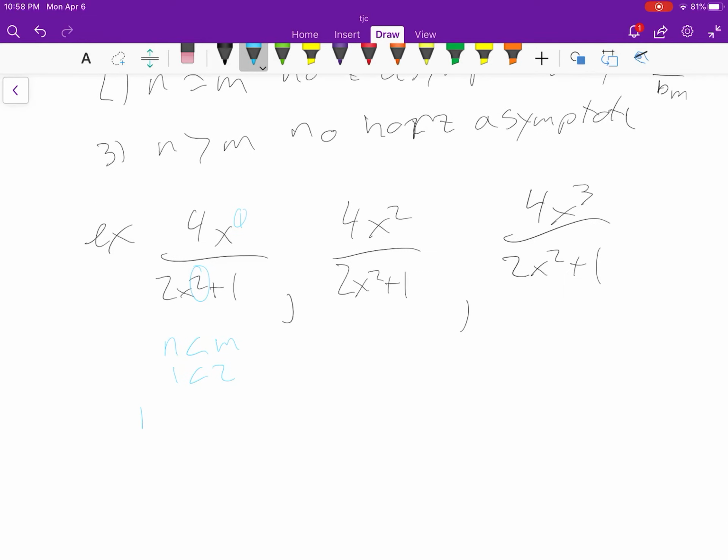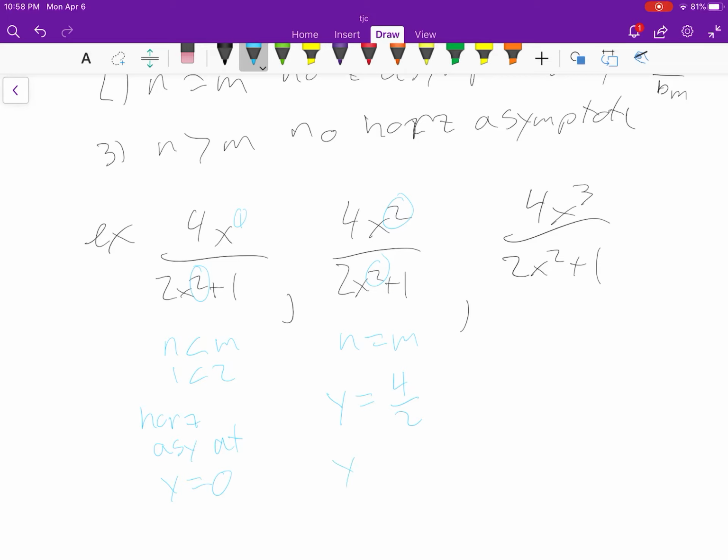So we have a horizontal asymptote at y equals 0, which is the x-axis. Okay, now we move to the next one. Notice the powers are the same. Well, that's case 2, n equals m, in which case we have a horizontal asymptote at the ratio of the leading coefficients, which is 4 over 2.